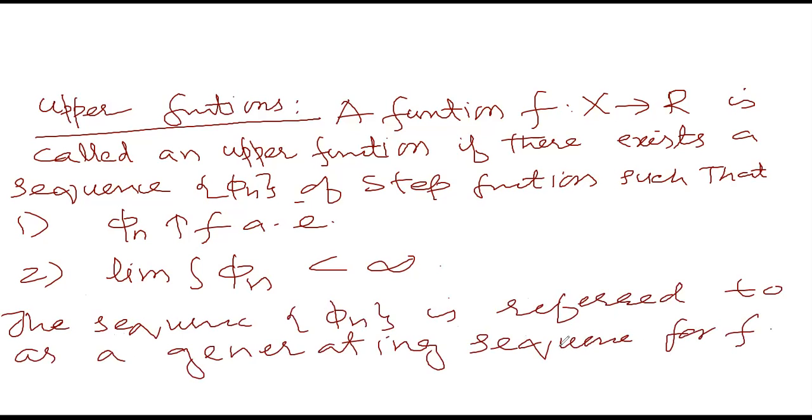There may be more than one generating sequence for f. But whenever we have such a sequence for f, that sequence is called a generating sequence for f, and f is called an upper function. So a generating sequence has these two properties: phi n should increase to f, and the limit of the integral of phi n should be finite. That's the definition of a generating sequence for f, and the definition of an upper function.